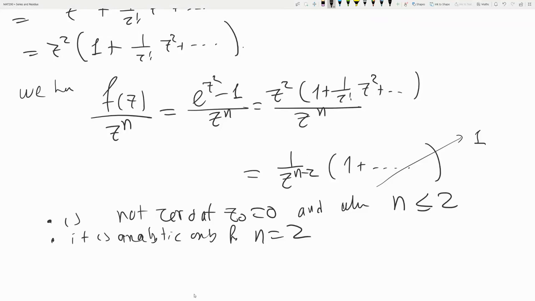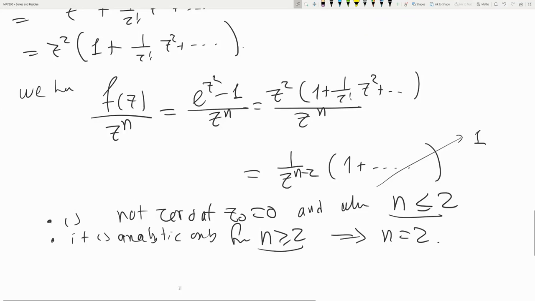But you also want it to be analytic, so n bigger than or equal to 2. These two together force n to be 2. So that's the idea. That's one way to find the order.